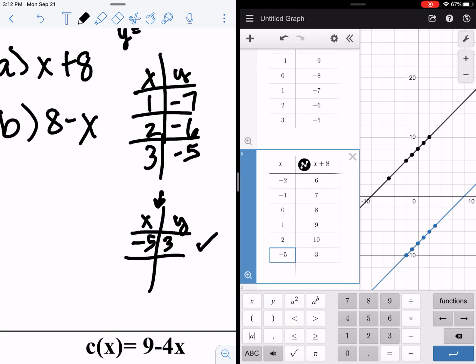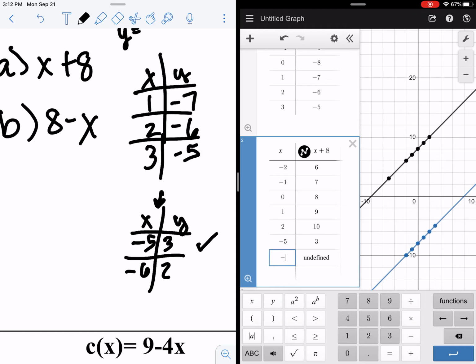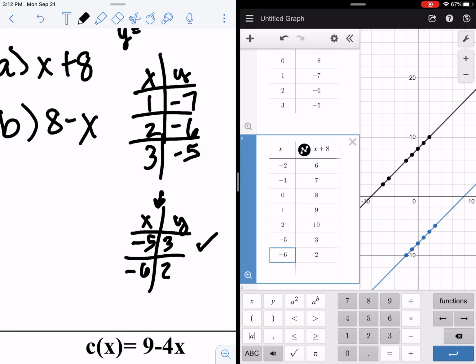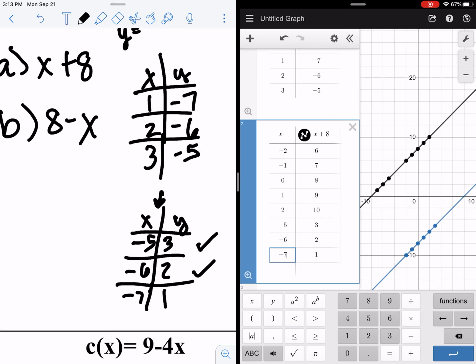So I move to the next one. I then type in negative 6, and I should get 2. If I don't, I cross it off and I move to the next answer choice. But I do. And then last but not least, negative 7 should give me 1. And it does give me 1. Again, 3 points is the magic number of points. You get those 3 points, you're good.